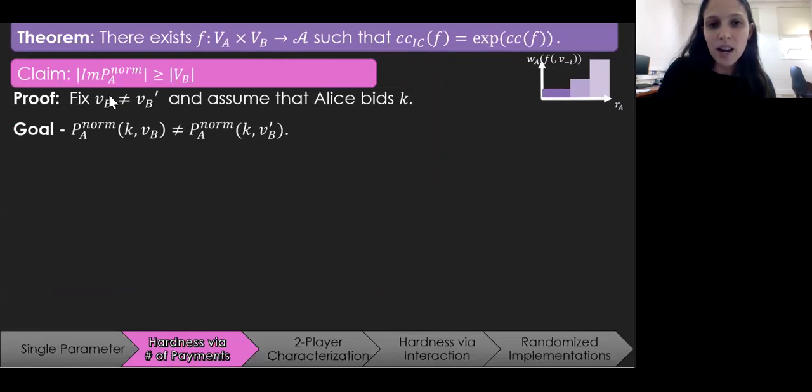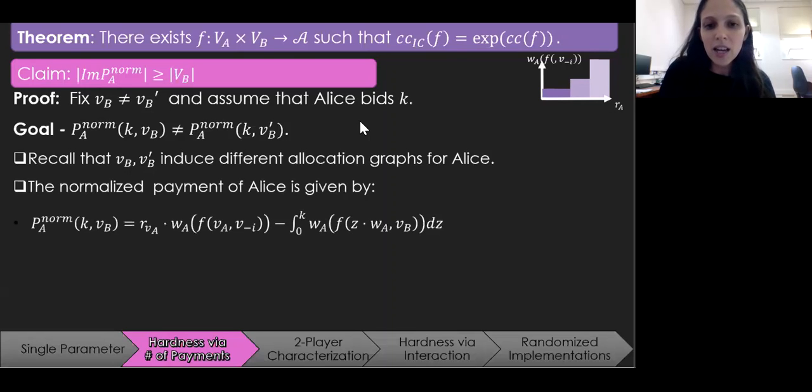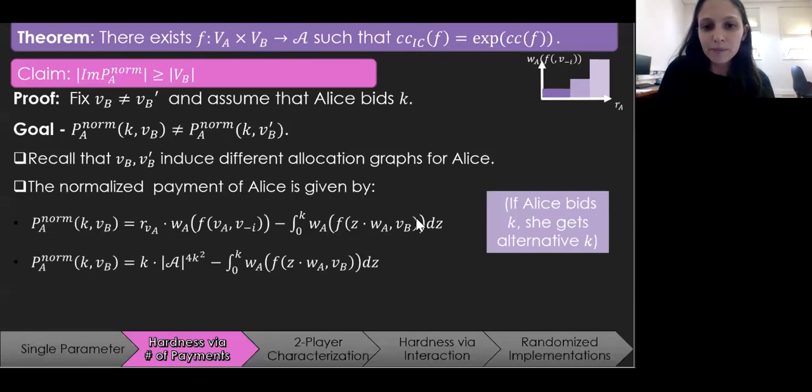So let's fix two values of Bob and assume that Alice bids k, and we want to show that the payment differs if the value of Bob is VB or VB tag. Recall that we defined the function such that VB and VB tag induce different allocation graphs for Alice, and that her normalized payment is given by this formula, which includes her value for the alternative chosen, minus the area under the curve of the allocation graph.